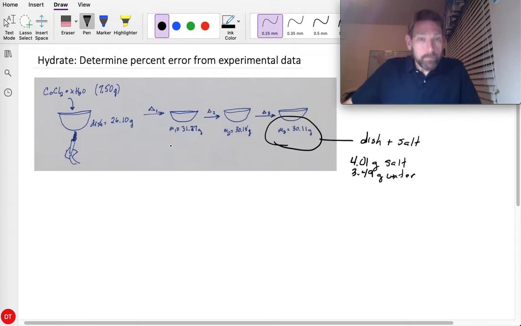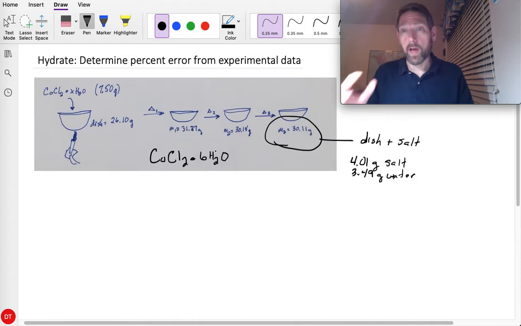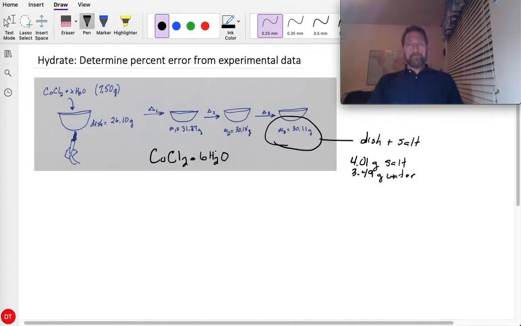We did all the work and the math, and we saw that we had a multiplier of 6, so we determined that this was a hexahydrate, cobalt 2 chloride hexahydrate.